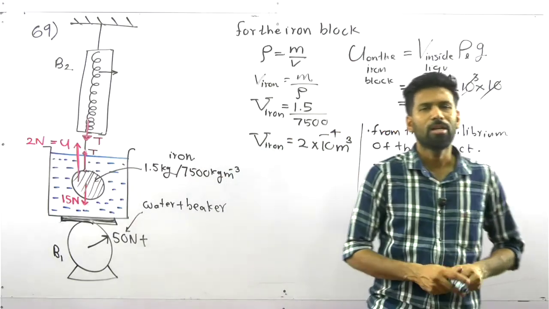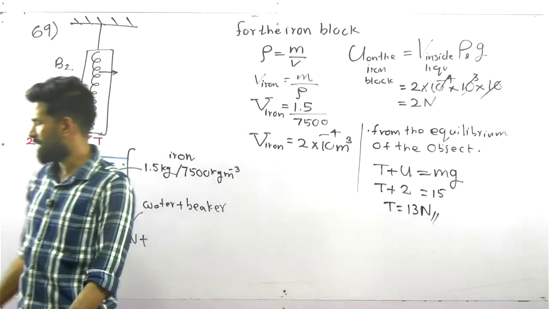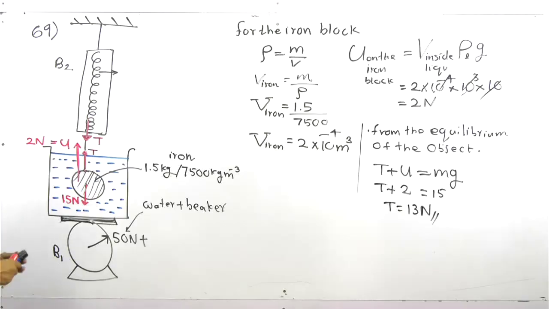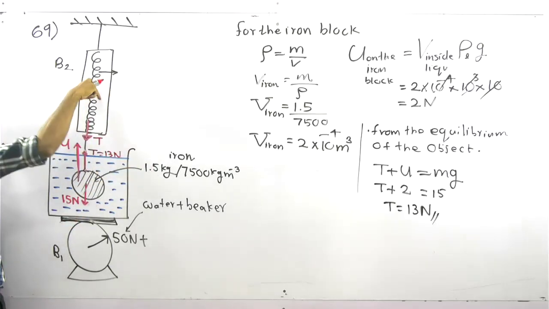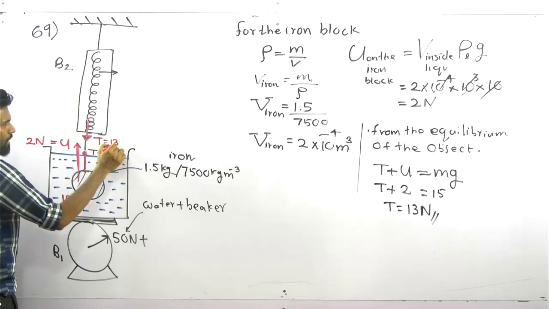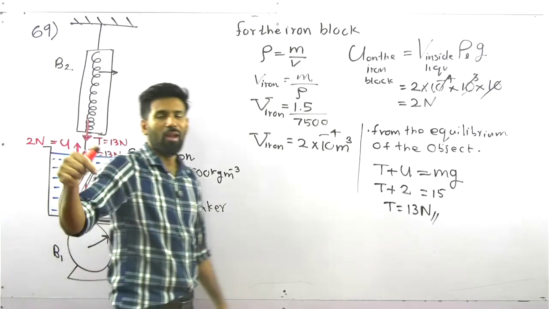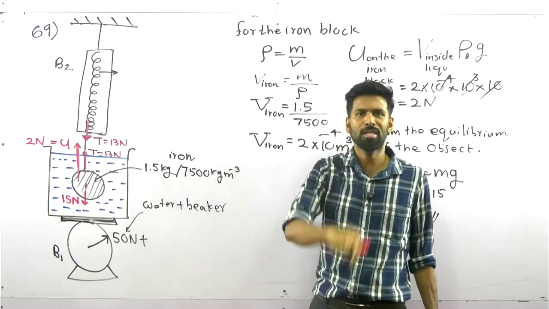Now I know the tension of the string. It's equal to 13 newtons. Tension attracts the connected point upward, 13, and from the other side it will attract the spring downward, 13. The force that attracts the spring downward inside the spring balance becomes the reading.